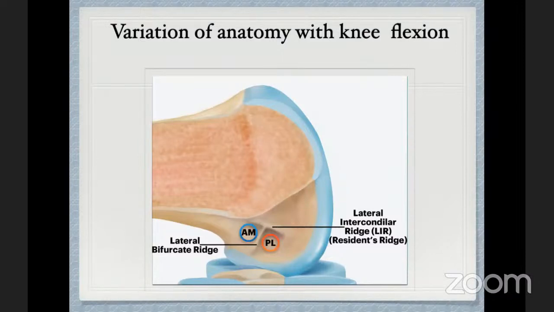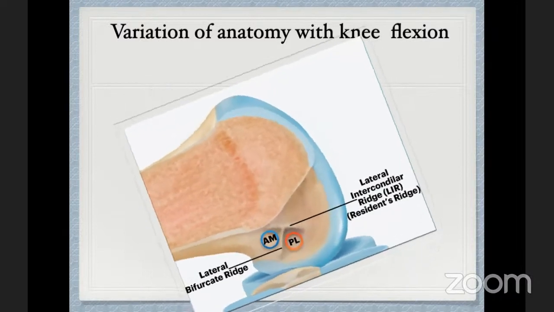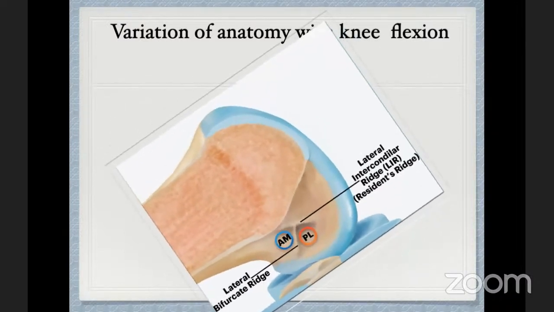This is how we actually visualize it. However, when we perform our femoral drilling, the knee is taken into a flexion of about 120 degrees. We must understand this because this is the position of the knee when we are putting in a beath pin. This is a lower and shallower position as seen via arthroscopy.